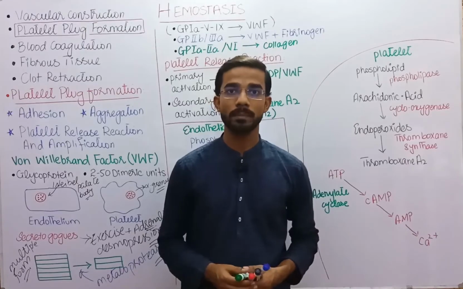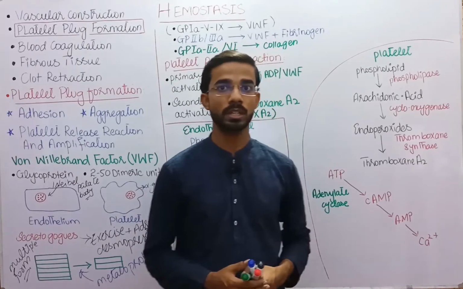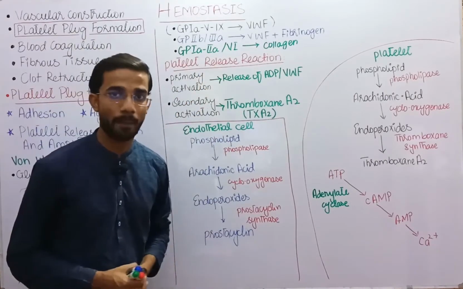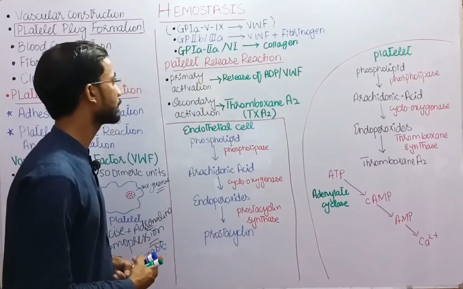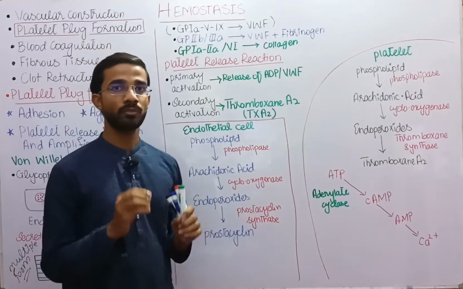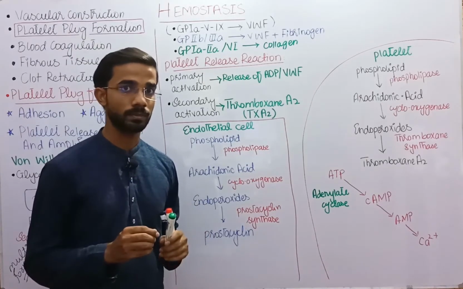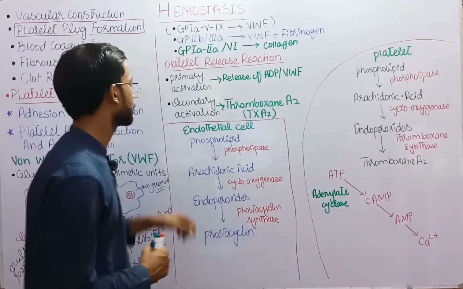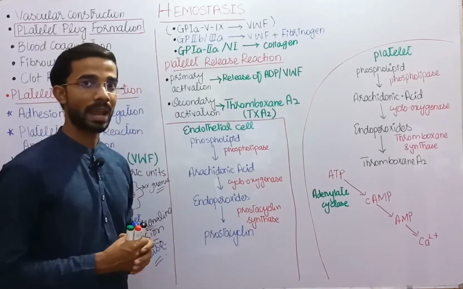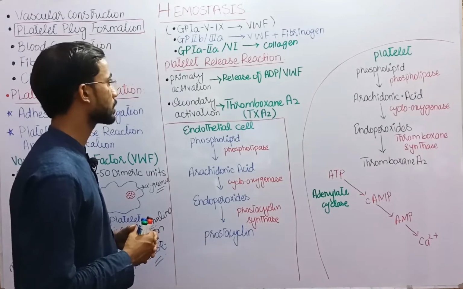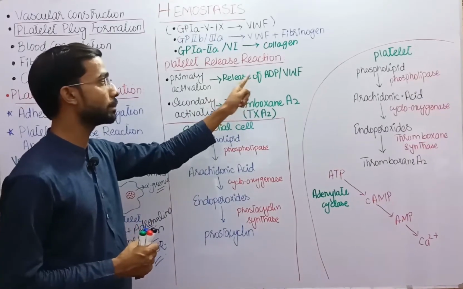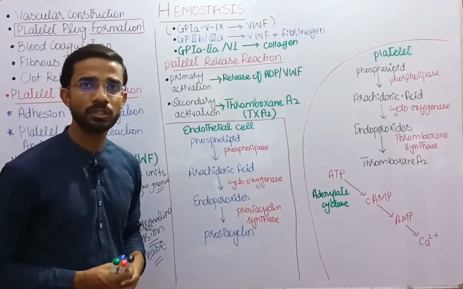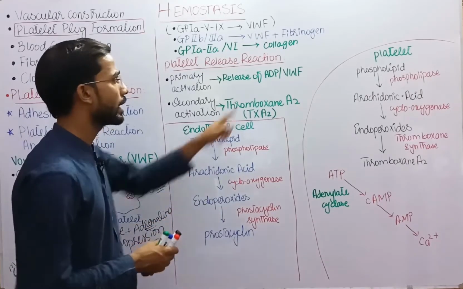The last step in the platelet plug formation is the platelet release reaction and amplification, right? It means the formation of the plug is enhanced by different factors. Primary activation of the plug formation is the release of ADP or von Willebrand factor. These are basically released from the platelets.